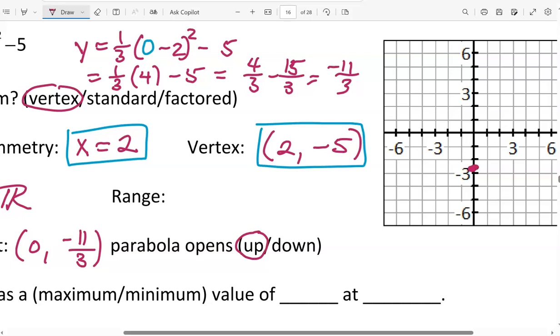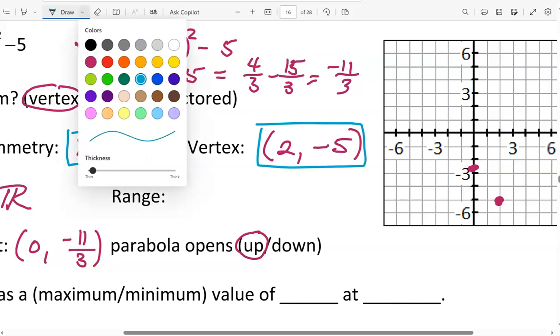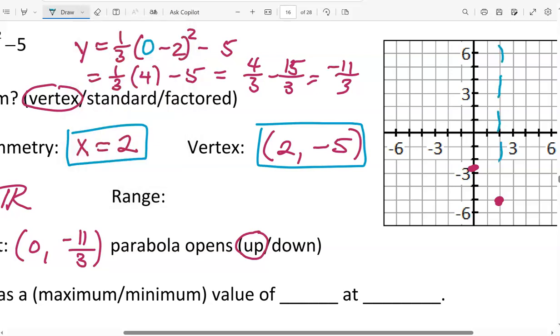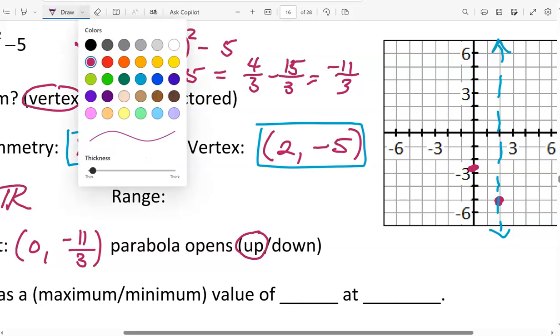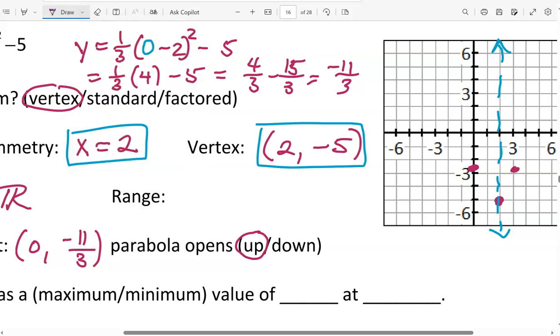Let's also plot the vertex (2, -5). And I'm going to plot the axis of symmetry here, x equals 2. And we can plot a point on the opposite side of the axis of symmetry.